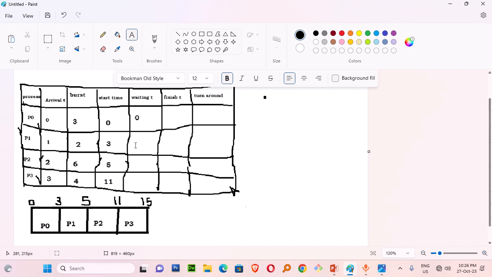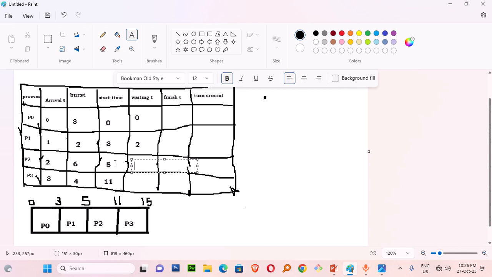Then we go to process 1. Process 1, the start time was 3, then the arrival time was 1. So this will be 3 minus 1, which will be 2. So the waiting time for process 1 is 2. We go to the waiting time for process number 2. Process number 2, the starting time was 5 and the arrival time was 2.